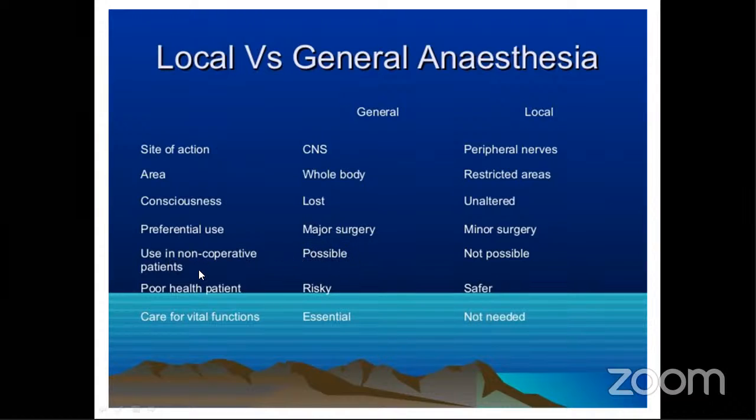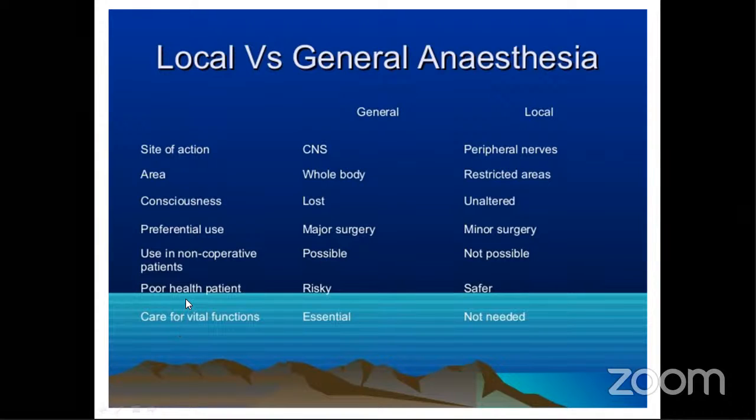In a non-cooperative patient, local anesthesia is not possible because you cannot control him. So you have to give anesthesia for the whole body system. For uncontrolled or non-cooperative patients, you have to use general anesthesia.